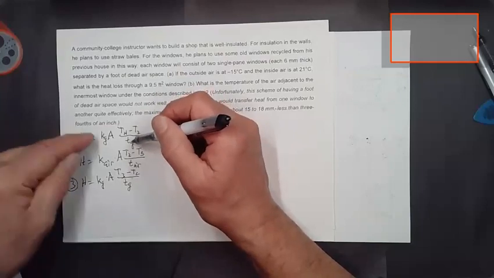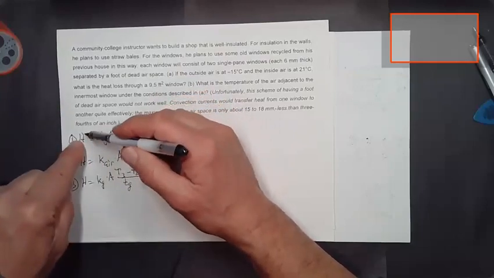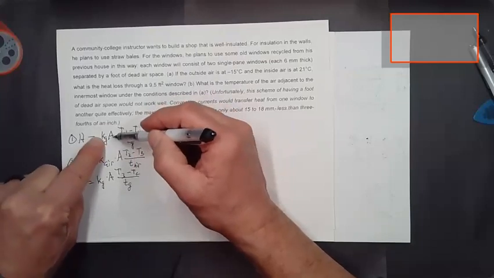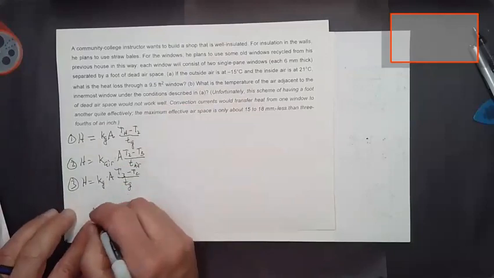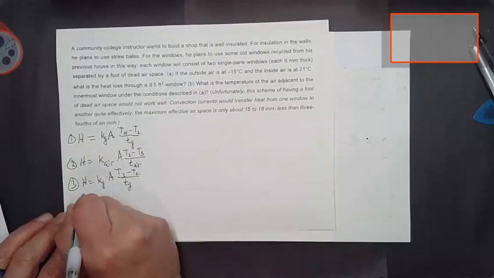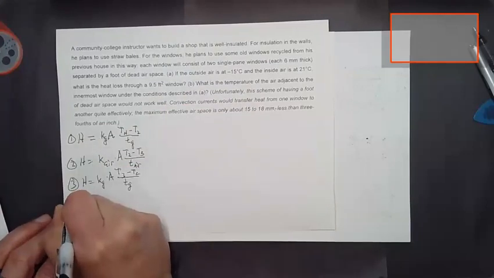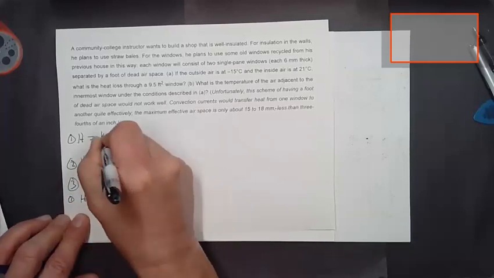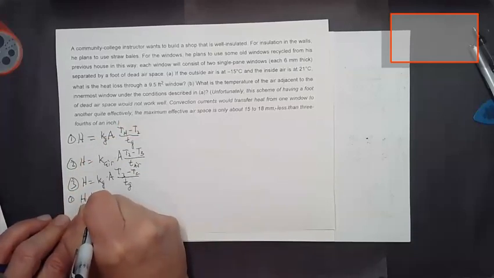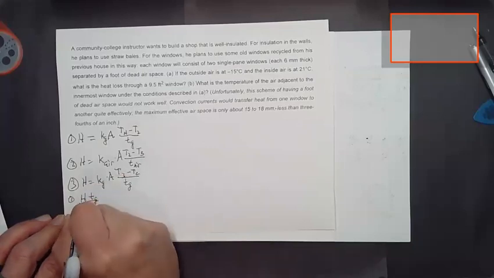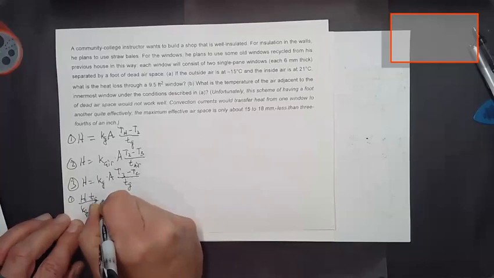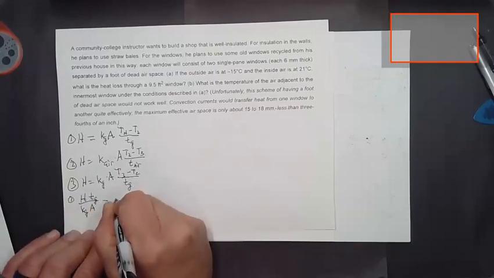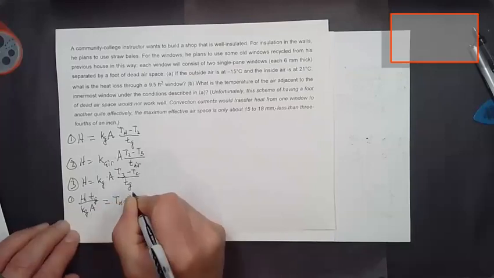And in each case, I'll multiply out from underneath by the thickness of the glass and divide by the conductivity times the area. The first equation will be H times the thickness of the glass divided by the thermal conductivity of the glass and the area of the window, and that will equal just TH minus T2.